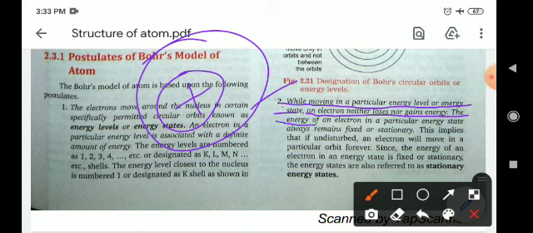The energy of an electron in a particular energy state always remains fixed or stationary, and this implies that if undisturbed, the electron will move in a particular orbit forever. If you do not disturb its revolution, it will always revolve in that particular orbit without any emission or absorption of energy.